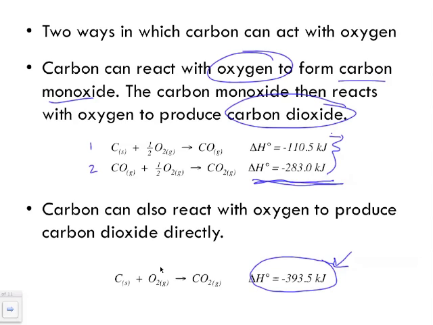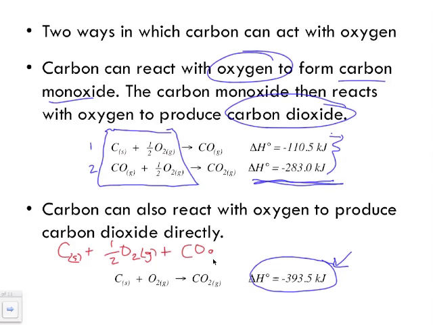Now, another thing to make note of is the following. Look at what the reactants are. So what we're going to do is write out our reactants. So we've got carbon in the solid form plus a 1/2 mole of oxygen gas, plus, and we're going to add all these together, carbon monoxide gas plus another 1/2 mole of oxygen gas.